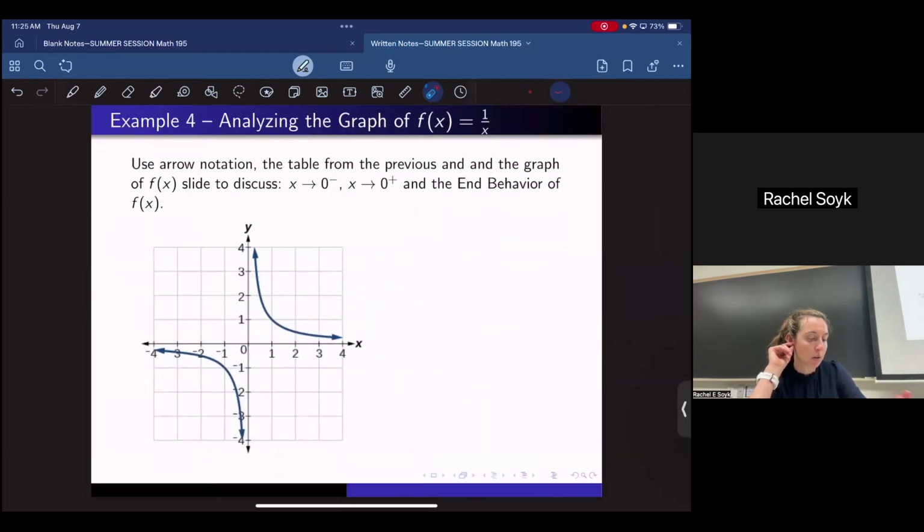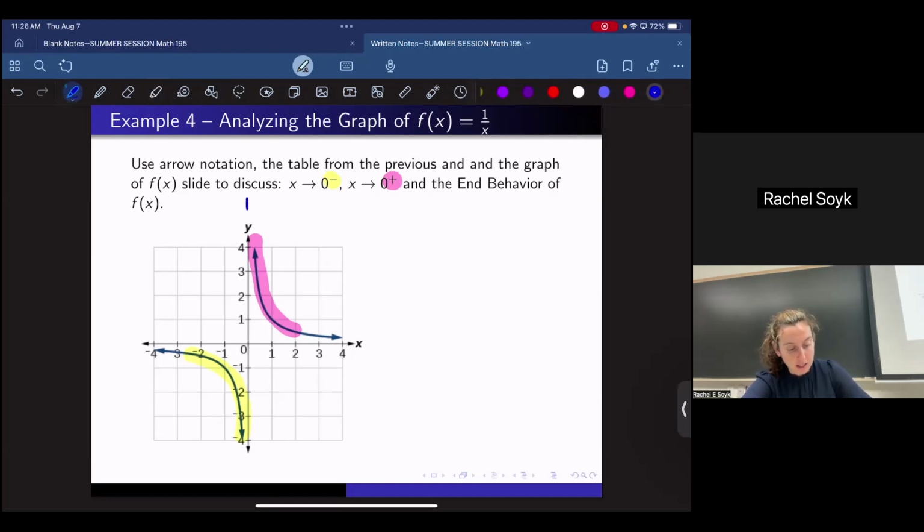And so this example 4 is a very good representation of showing x approaching 0 from the left versus x approaching 0 from the right. Because when you're approaching 0 from the right-hand side, you're coming from that right, and what's happening? Whereas when you're approaching from the left-hand side, you're coming at x equals 0 from the left, and then what's happening?